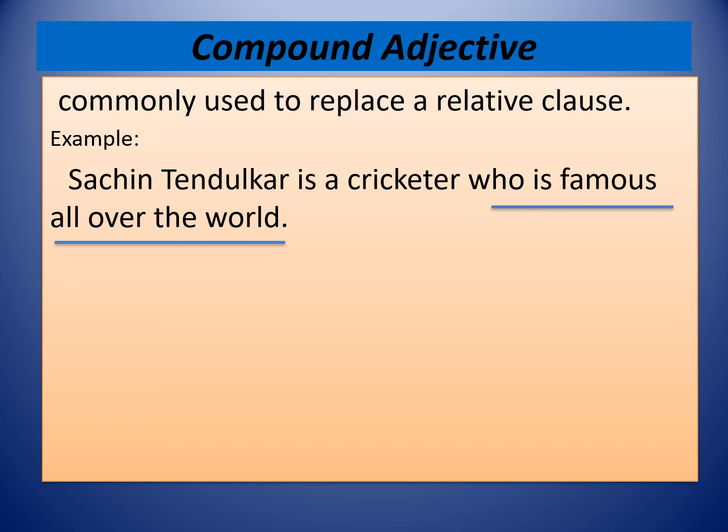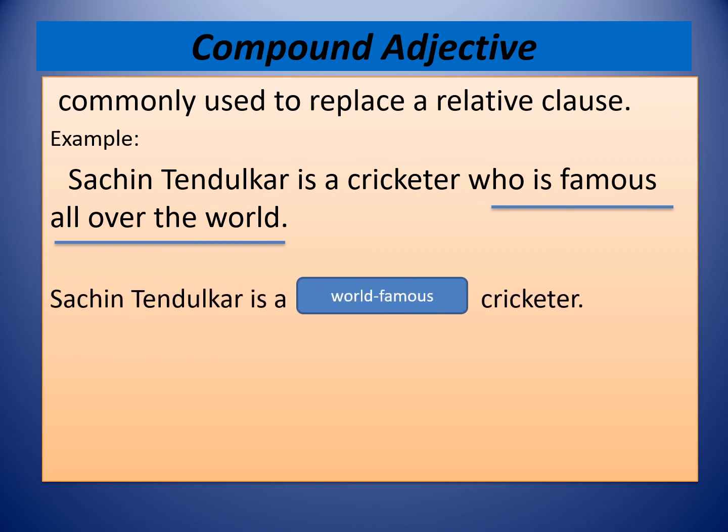This part is giving extra information about Sachin Tendulkar. We can replace this part using a proper compound adjective without changing the meaning. The meaning should not be changed here. Let us see that.